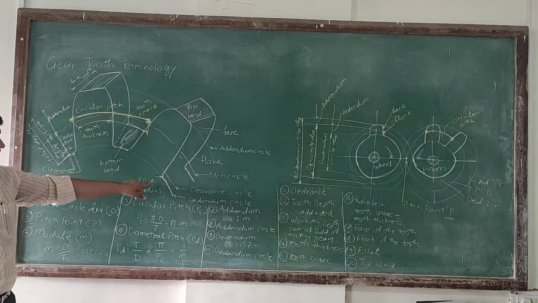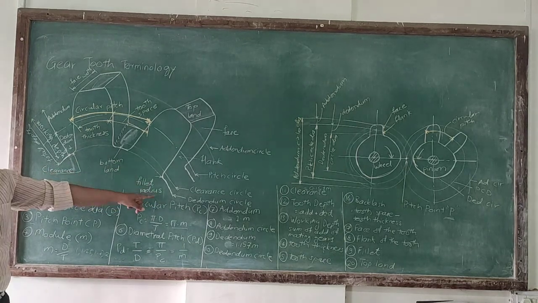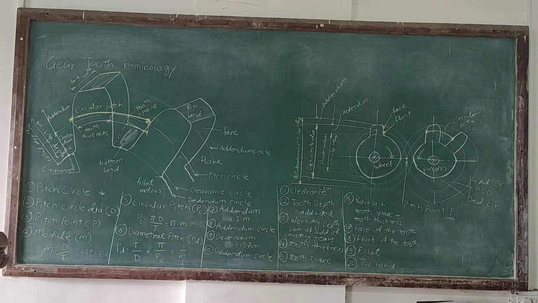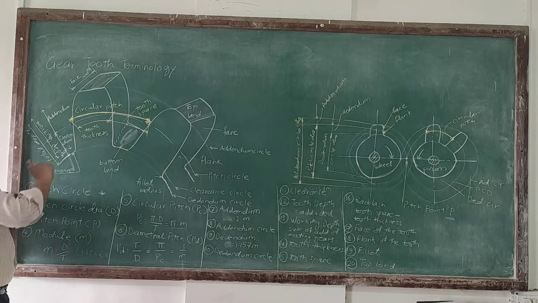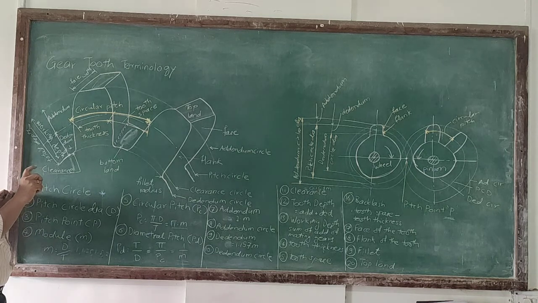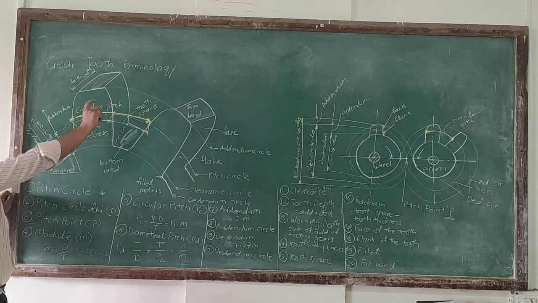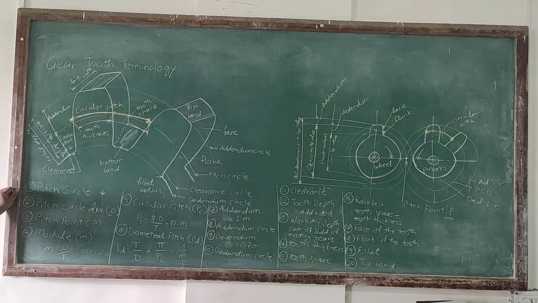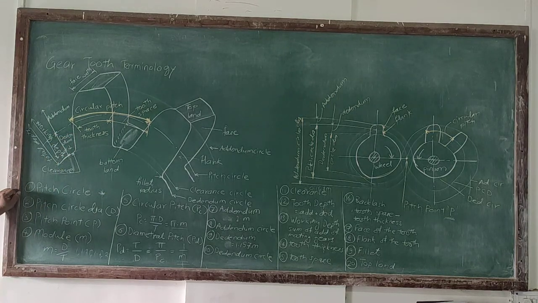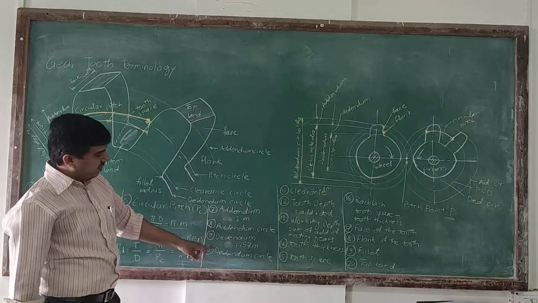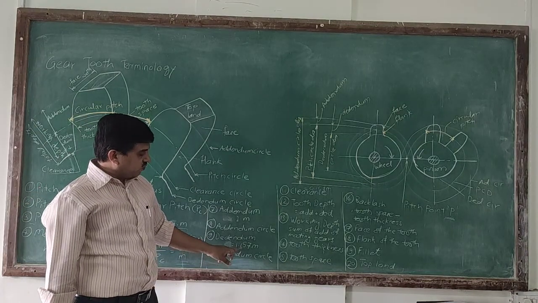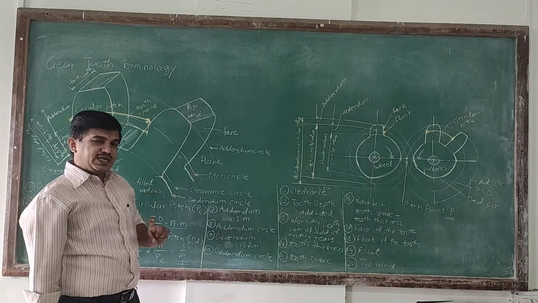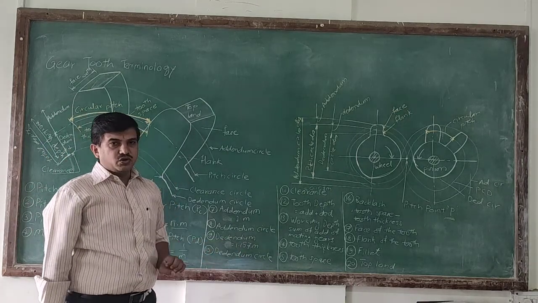If we have drawn the circle passing through the bottom, that is the dedendum circle. Then what is dedendum? If we measure the radial distance from the pitch circle to the dedendum circle, then that is nothing but the dedendum. Understood? And usually it is taken as 1.157 module. Addendum is 1 module, dedendum is 1.157 module.